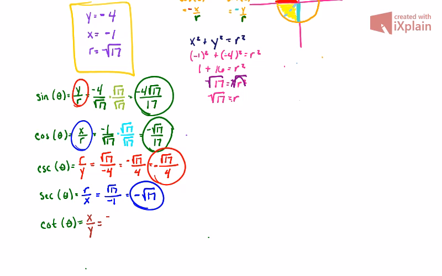Well, x over y is going to be negative 1 over negative 4, which simplifies down to a positive 1/4. So again, just by being given a trigonometric function result and a quadrant location, we have been able to uncover the remaining 5 trig functions.